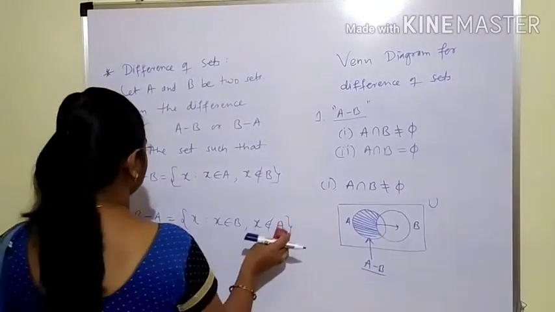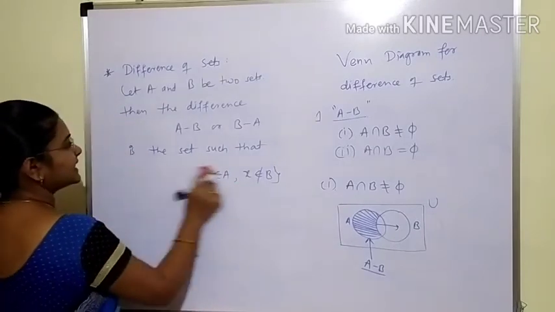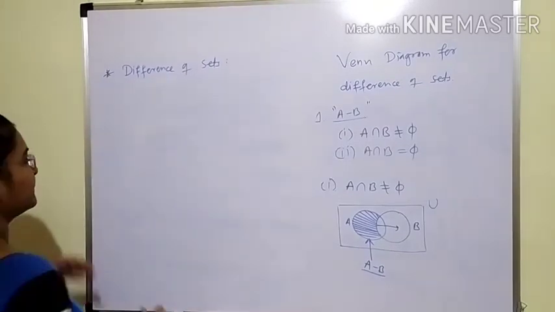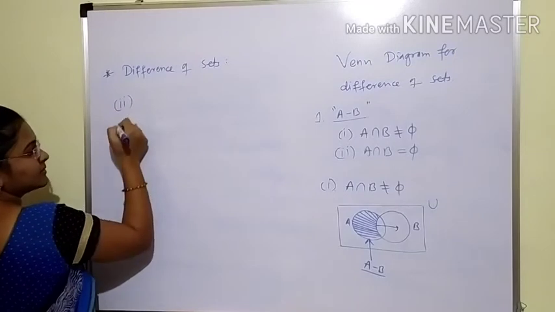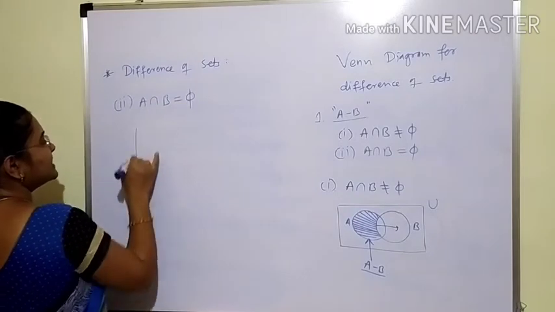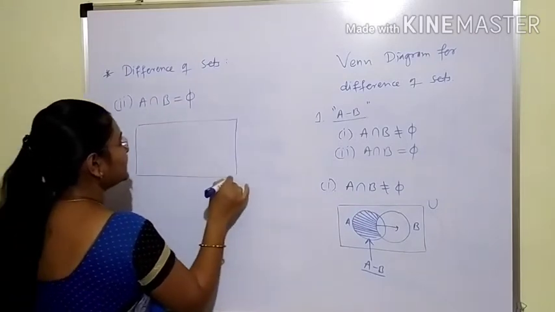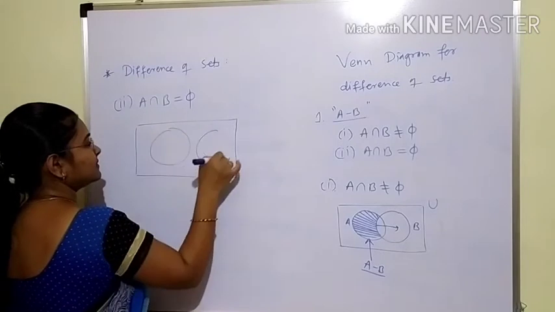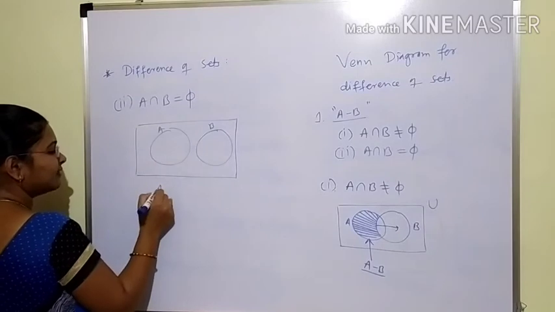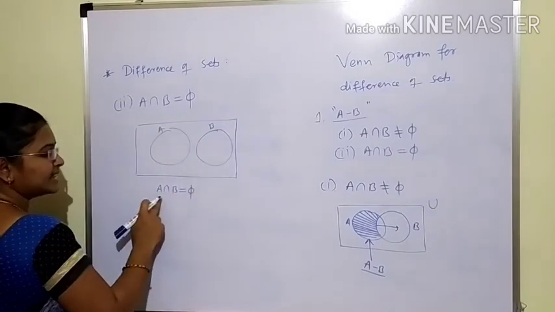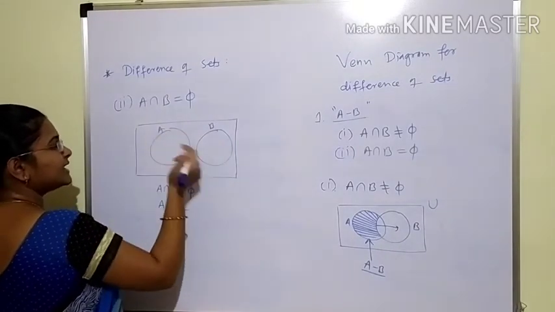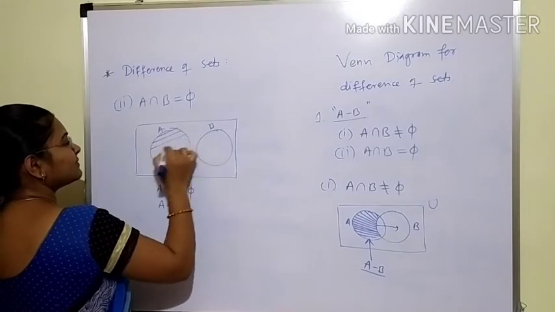Now the second case, we'll see the Venn diagram for the second case, when A intersection B is an empty set. See students, if both are not having common elements, this is set A and this is set B. If both are not having common elements, that is, the intersection is an empty set, then in A minus B no elements are removed from set B, so this will be purely set A. Getting?